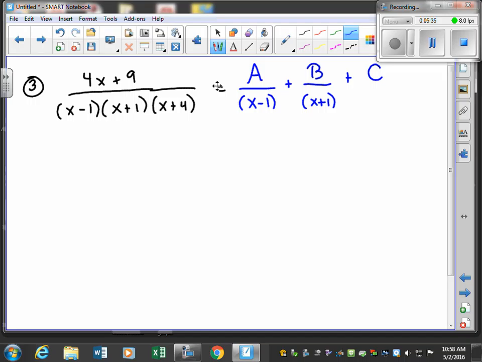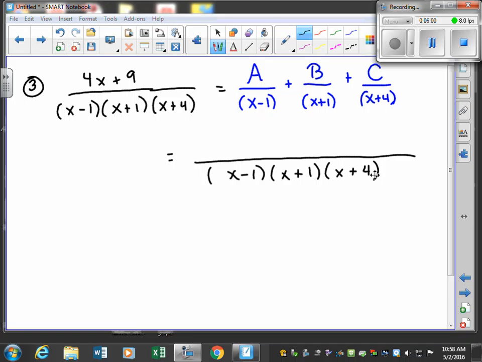And since we have a third one, we'll have a c value as well. What I want you to notice is that none of these are repeating. There are not any repeating values, so we'll have capital A, plus capital B over the next one, plus capital C over the next one. Of course, if they had a fourth one that was different, we would have capital D, so on and so forth.